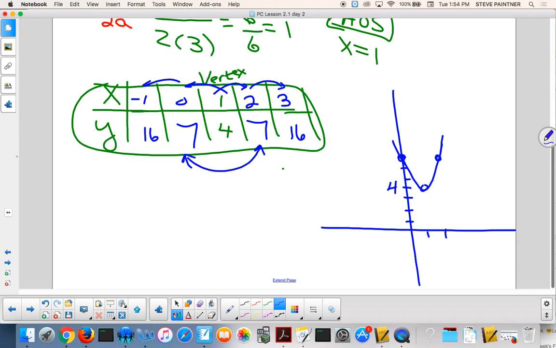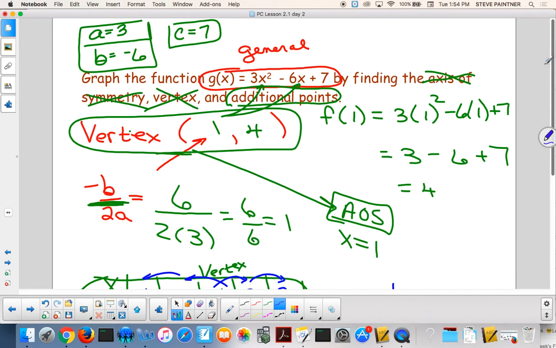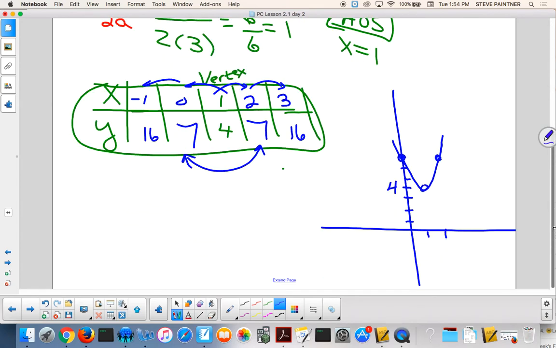Stretch by 3. Eddie says there's a stretch by 3. He's right. Look at this. That's your A value. Your A value is 3. You guys probably could have graphed that because all you had to do was over 1, 3 times higher. Over 2, normally it's up 4.